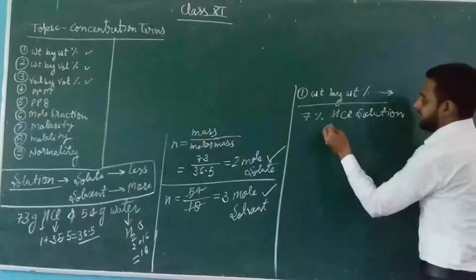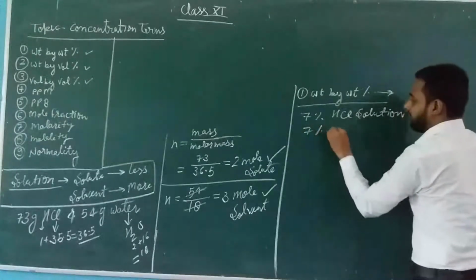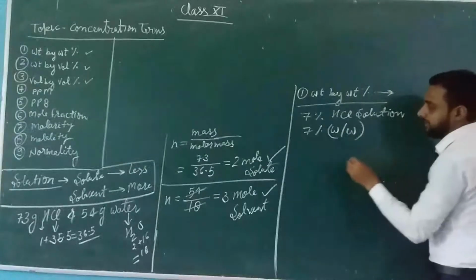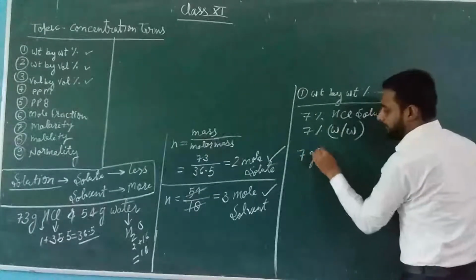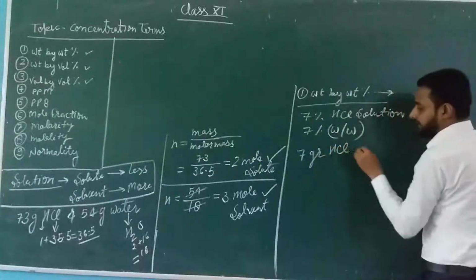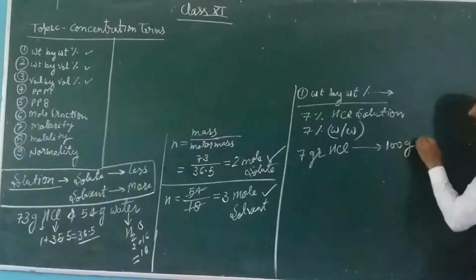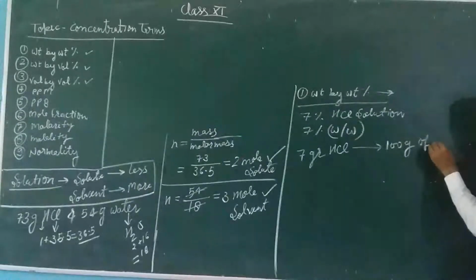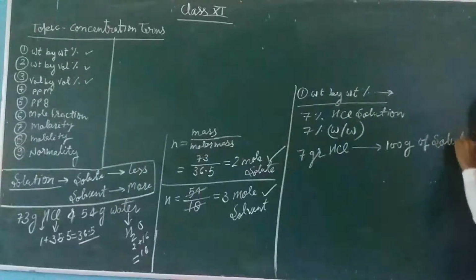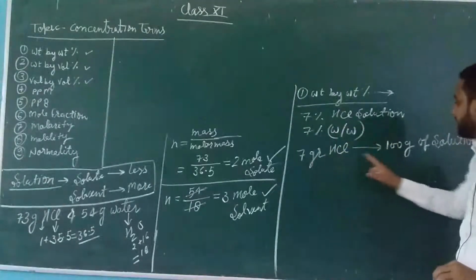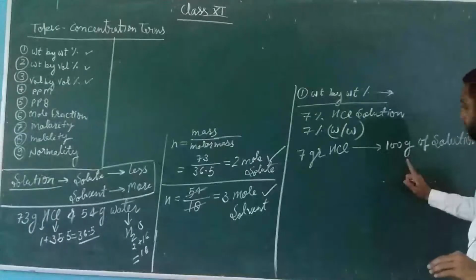If it is written as 7% weight by weight, its meaning is 7 gram HCl is present in 100 gram of solution. 7% HCl solution means 7 gram of HCl is present in 100 gram of solution.